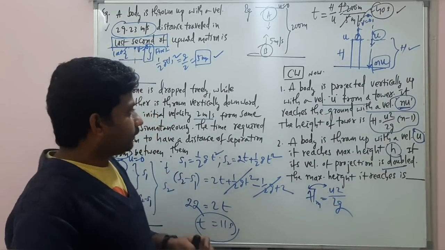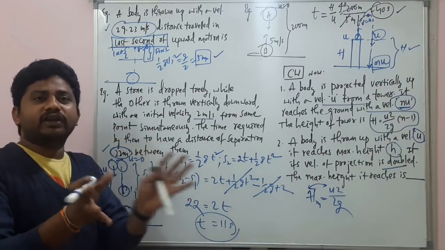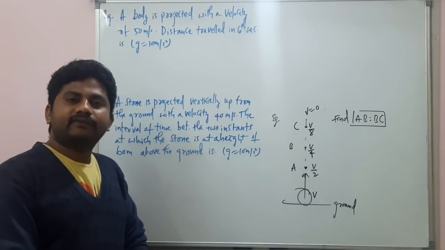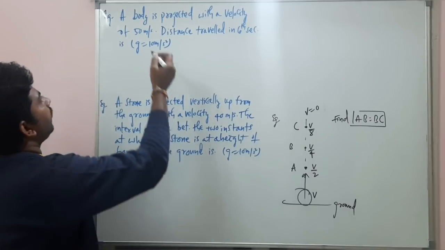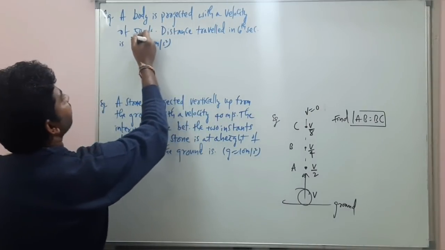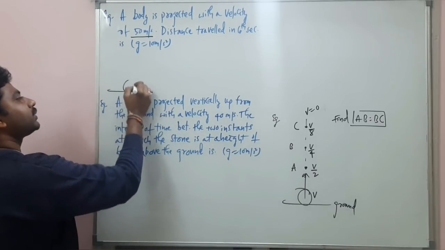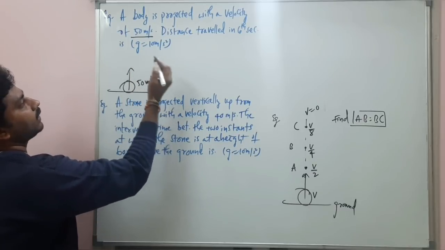Alright, so let's solve 2 or 3 more numericals so that you will be aware of different models, different kinds of questions. Alright, let's have a look at some more numericals. A body is projected with a velocity 50 meters per second. Alright, from here what happened? It is projected with 50 meters per second.